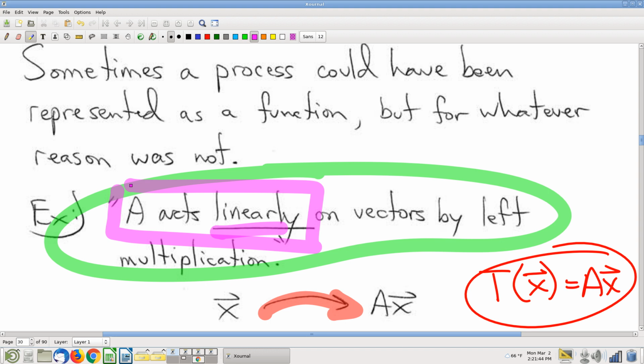What do matrices do? Oh yeah, what matrices do is we can multiply them by vectors. Oh, that must be the function we're talking about. So when they say the matrix acts linearly, they're saying that this function is a linear transformation, and then you know what they're saying, and then you can go to the point of confirming, wait a second, is that true? Is this a linear transformation? Etc.